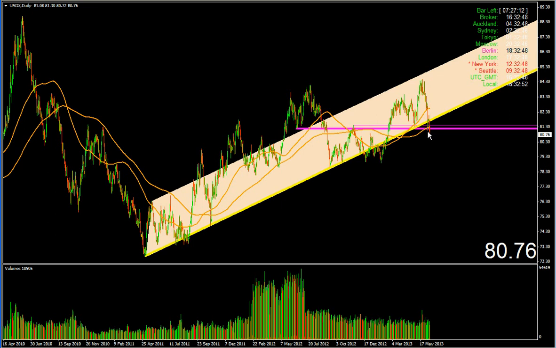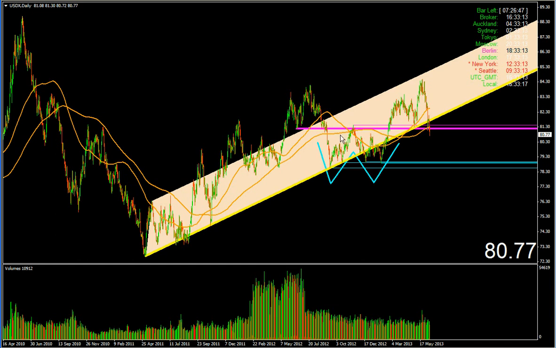It could be a great recovery setup, as I said, because here we've got this W formation. From this point of view, it's looking very attractive to buy the US dollar future. But I wouldn't buy yet at 80.77.